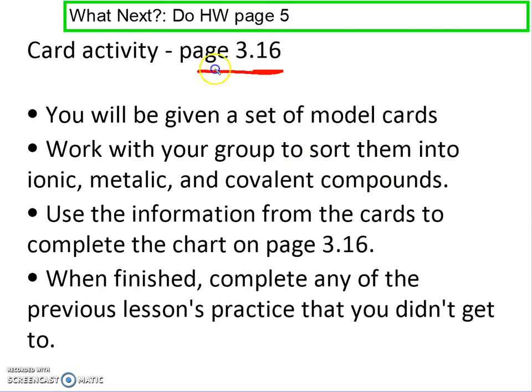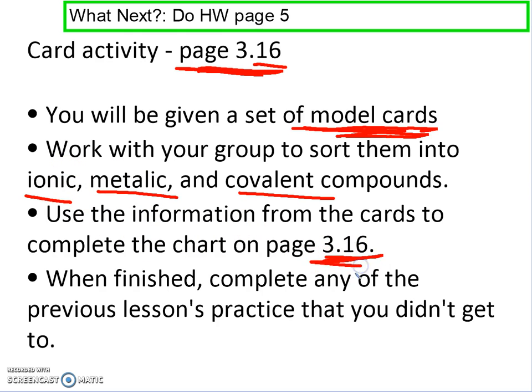So now what you're going to do is you're going to do a card activity in your groups for page 16. You'll be given a set of model cards, assuming that we can find them without me there, but I'm pretty sure that it'll work out. You're going to work with your group and sort them into ionic, metallic, and covalent compounds, so those 3 categories. And then you're going to use information from the cards, and you're going to fill in the chart on page 16.